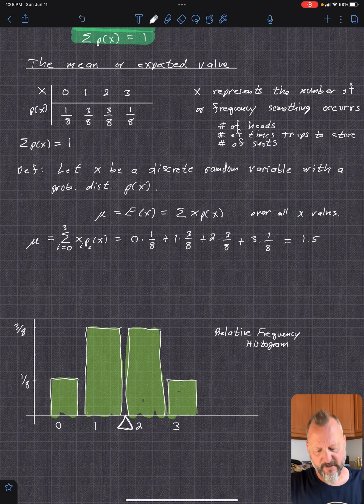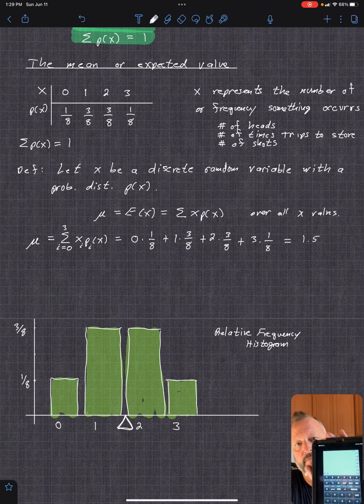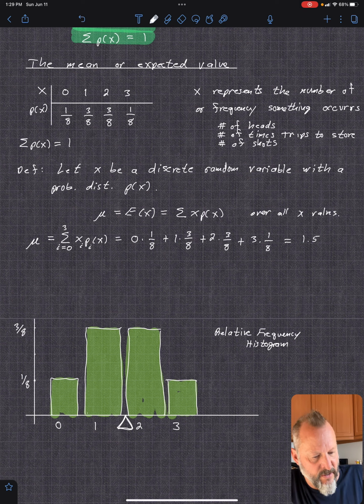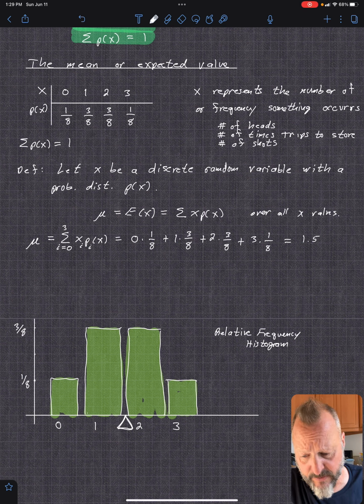So I'm going to do it on my iPad. The first one's 0, and then 3/8, 3 divided by 8, and then 3/8 multiplied, and 3/8 again, and I got 1.5. Okay, so that's what you get there.